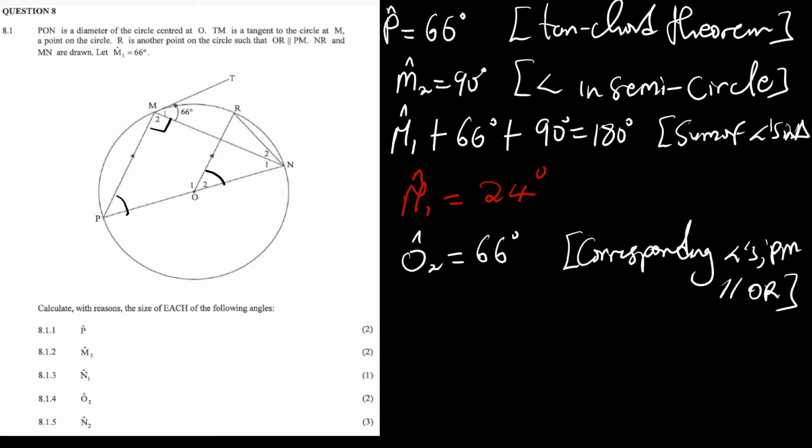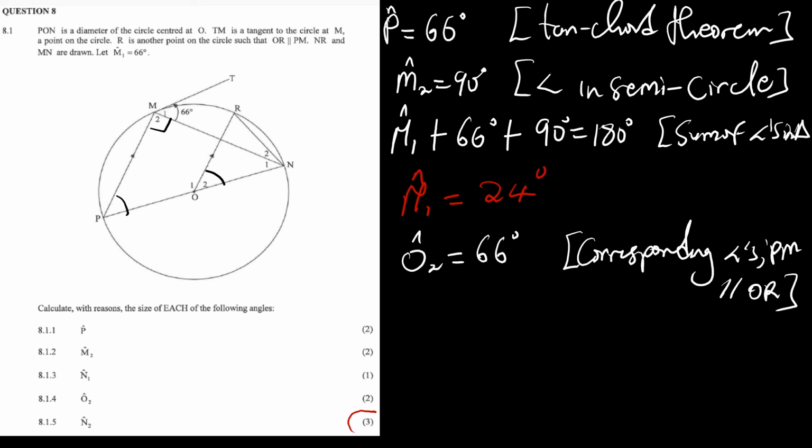The last question is to find angle N2. How are we going to find angle N2 here? It's very simple.